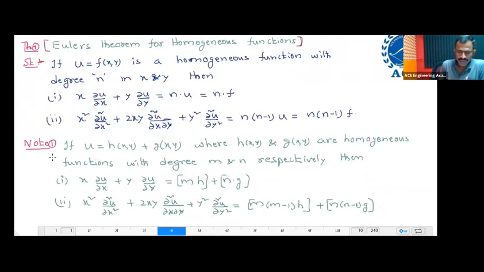That is this. After Euler's theorem, we have written the first note point. When u equal to h plus g, where h and g are homogeneous functions, then we can write the result like this, using this result only.